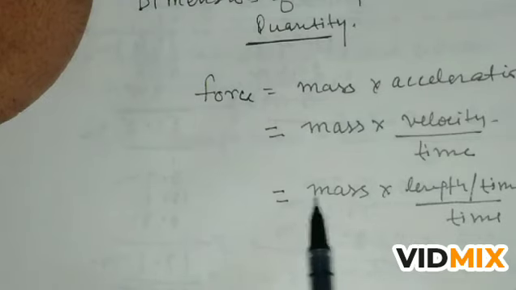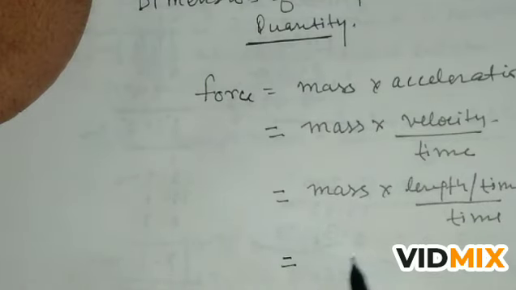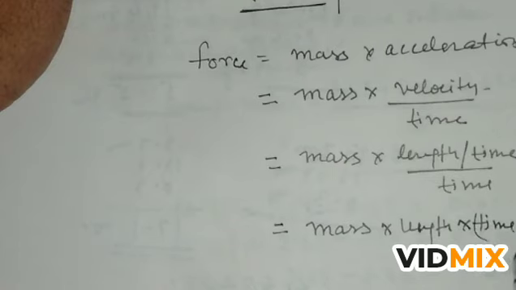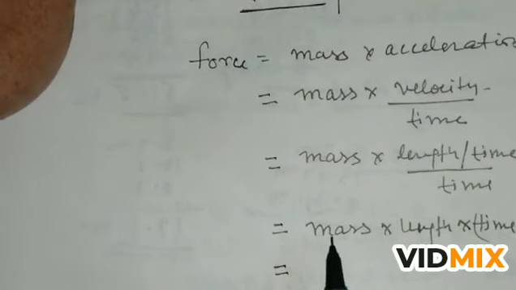Means fundamental physical quantities के term में हमने इसको convert कर लिया. Now I can write this mass into length into time to the power minus 2, or here the dimension of mass is 1, length is 1, and the time is minus 2.